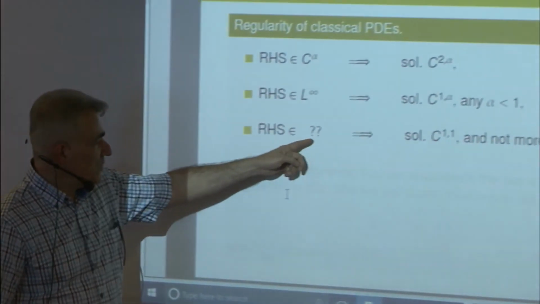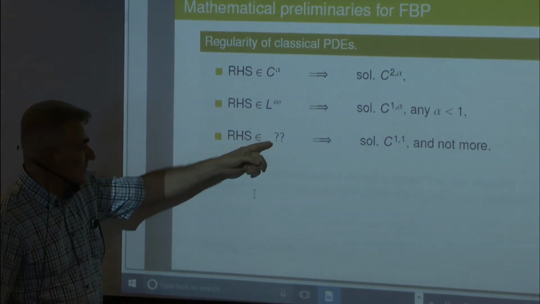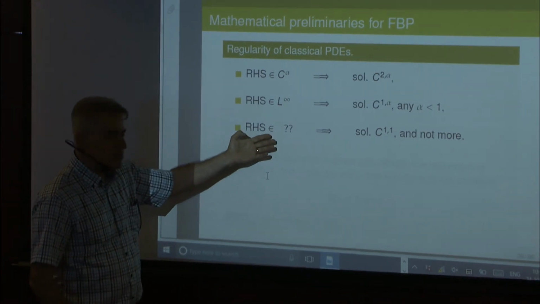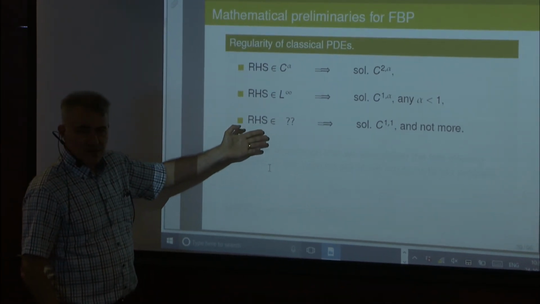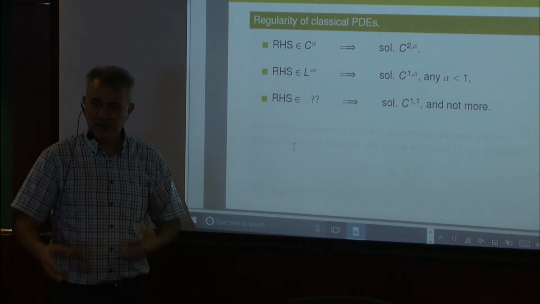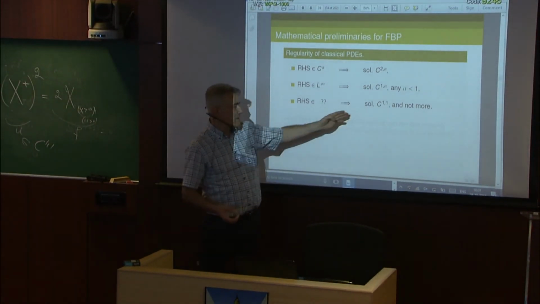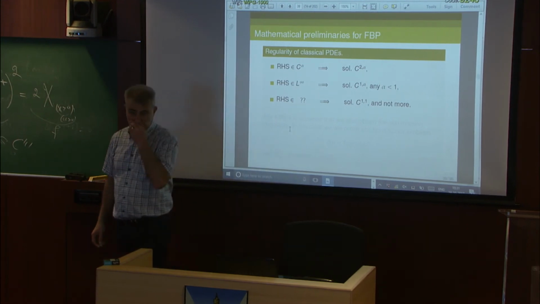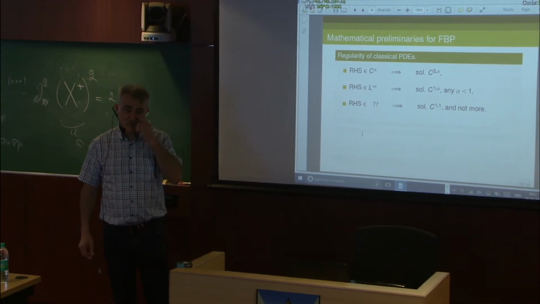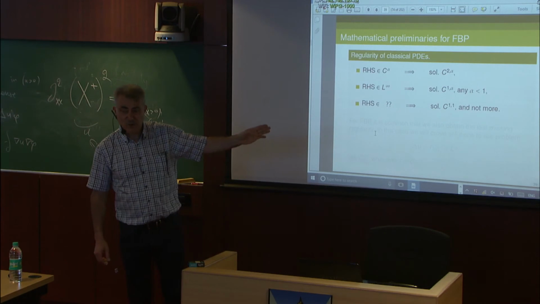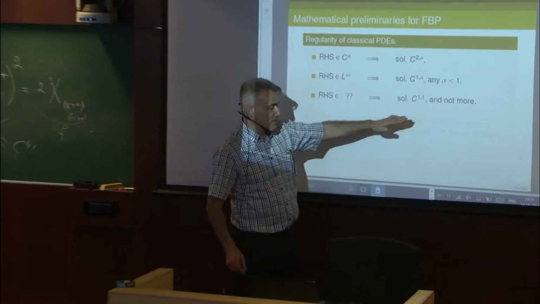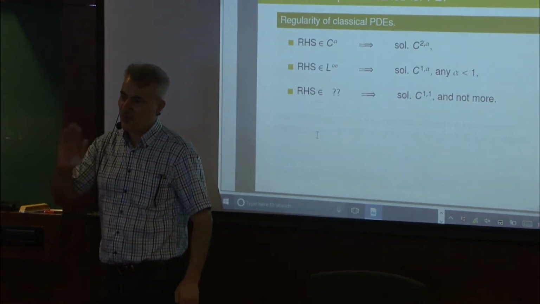In general, there is no real answer to this, but if the right-hand side is coming from a free boundary of obstacle type, then you really are going to get C1,1. Of course, if you put a very smooth function, you would get more, but I want to stop at C1,1, with no more regularity.